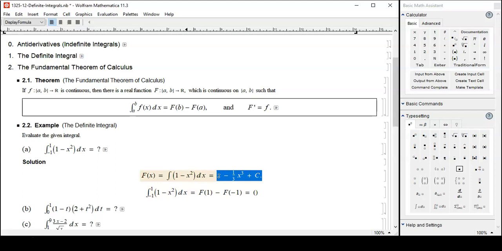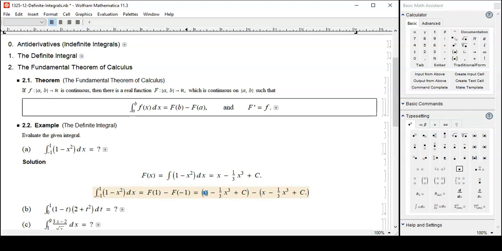Let's see, what do I mean by that? I have to plug in x equals 1. I have to plug in x equals -1.